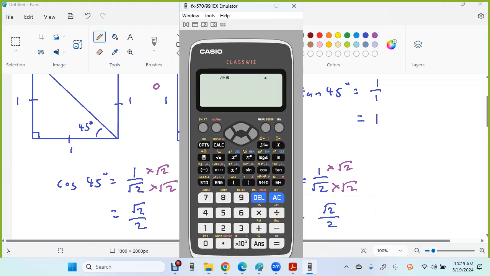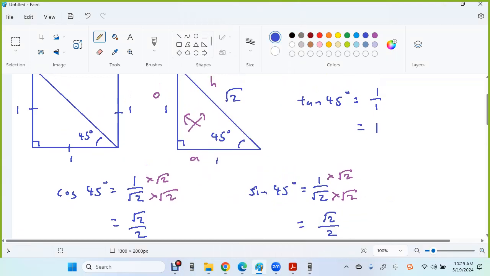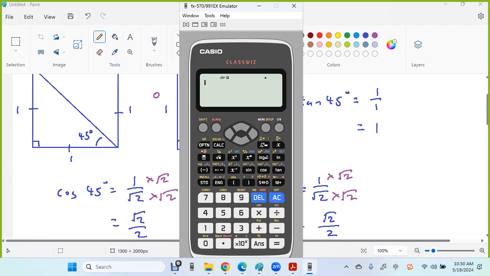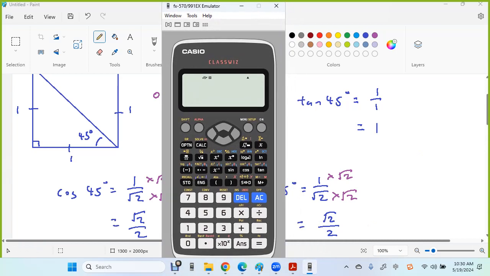So this kind of question, special angles, was tested before the millennium. Why? Because at that time the scientific calculator was not that powerful compared to nowadays. Nowadays, unless they restrict that the student cannot use a calculator, we have the tangent 45 degrees, it is 1.